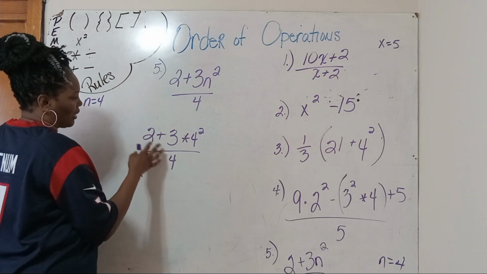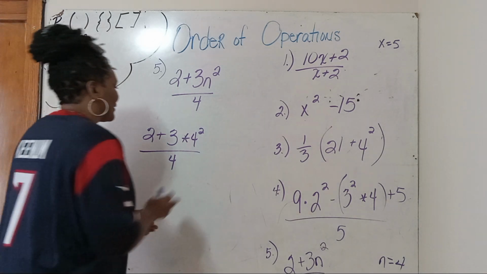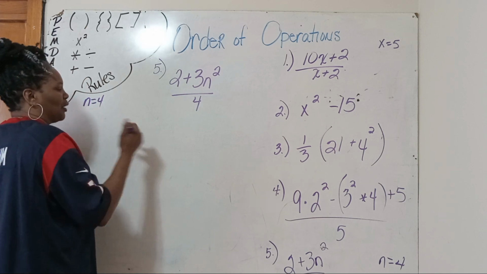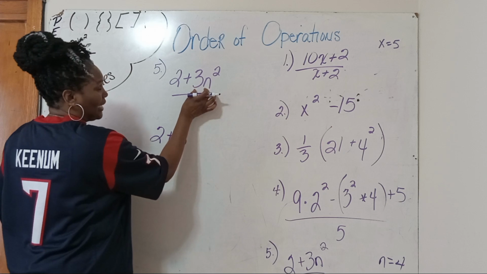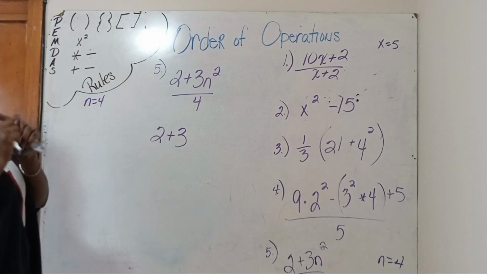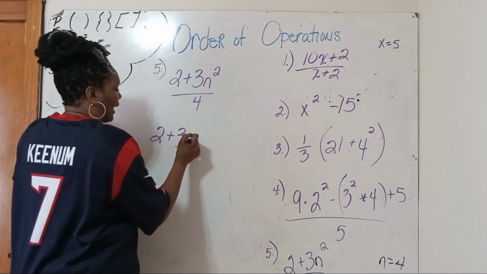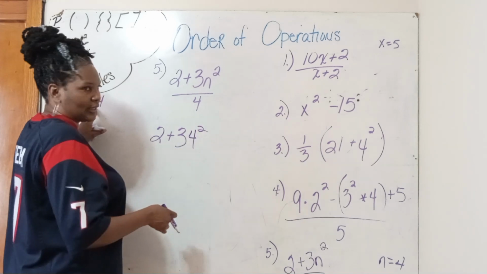We're doing order of operations. Miss Adrian, you confused me. Let's go back. How did you come up with that? 2 plus 3n. The 3 and the n are touching, which means they're being multiplied together. But I know what n is, so I can't write 34 to the second power.